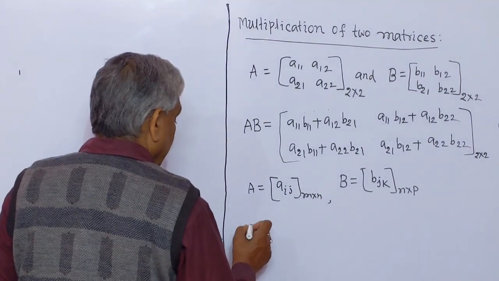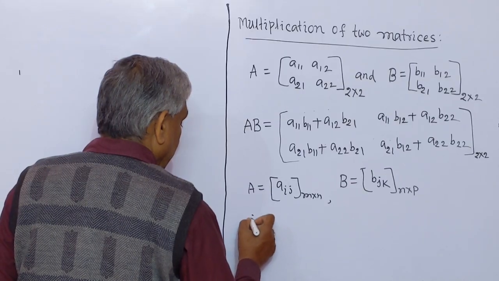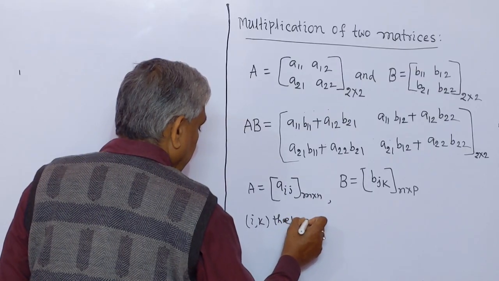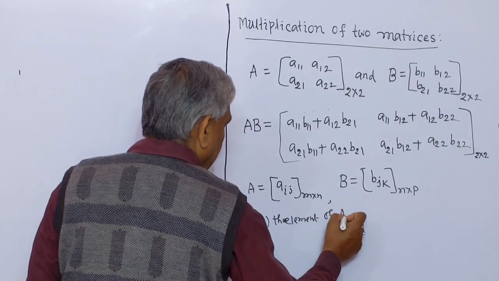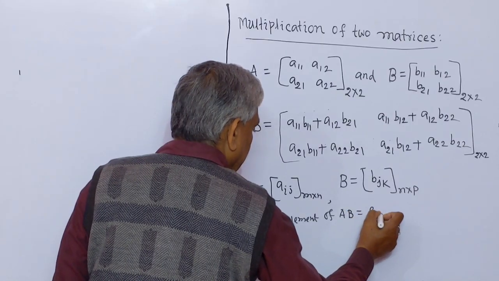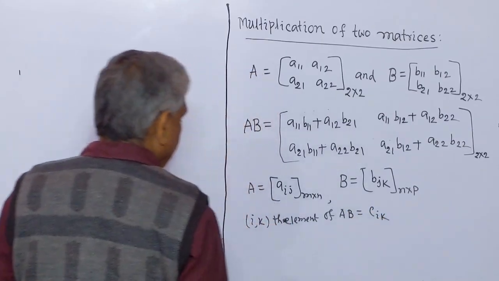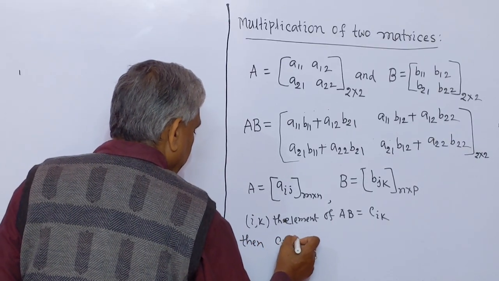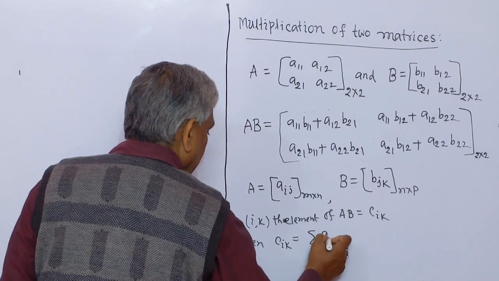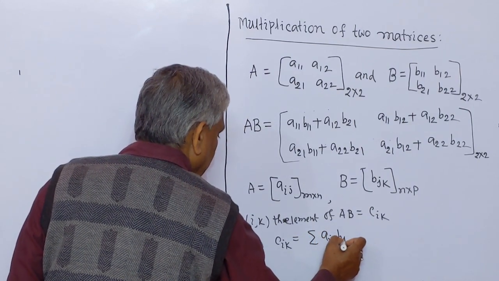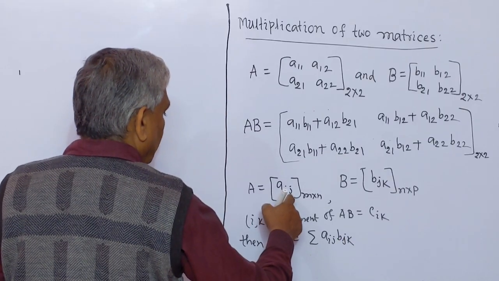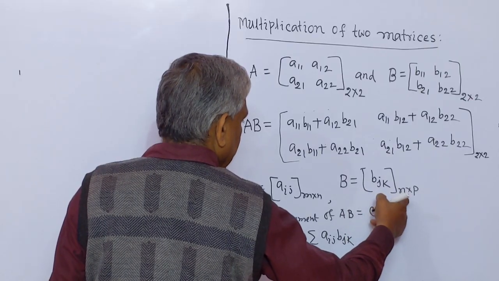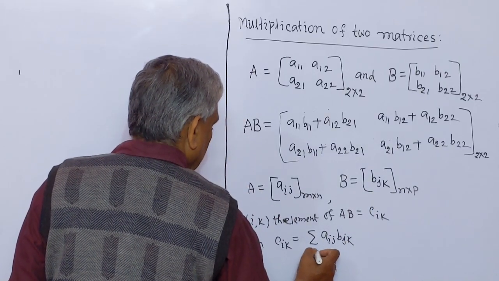Let the ikth element of AB equal Cik. Then Cik equals the sum of Aij Bjk, where j is the index from 1 to n, since the column count of A is n and the row count of B is also n.